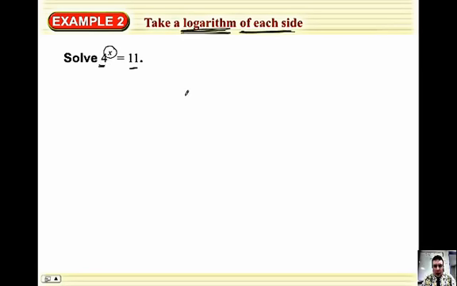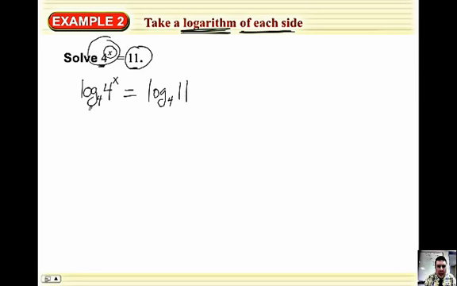We've done that before on a different type of example. To get rid of base 4, you log both sides. So we take log base 4 of this side, because we want to get rid of base 4, 4 to the power of x, equals log base 4 of 11.